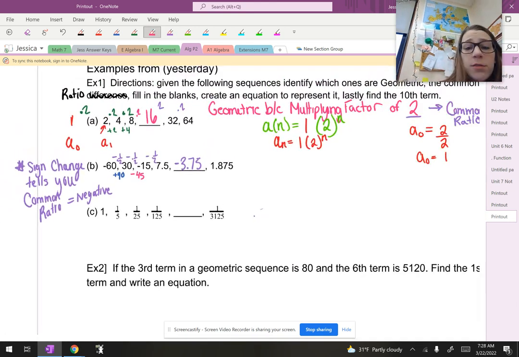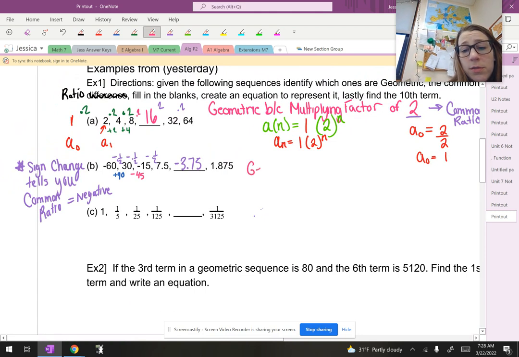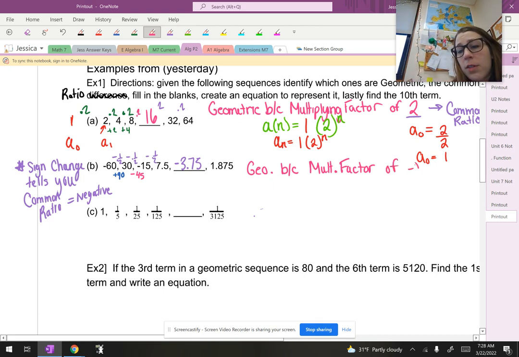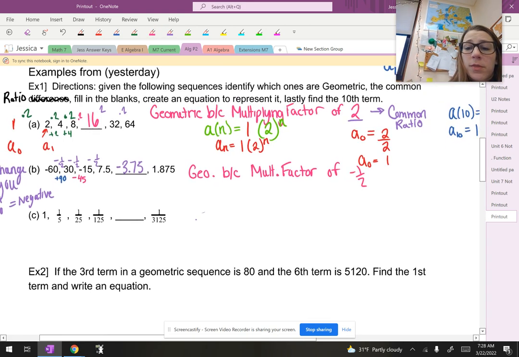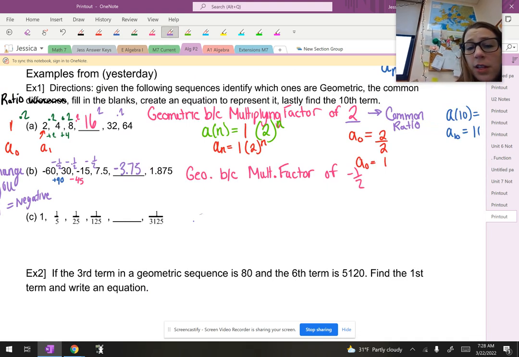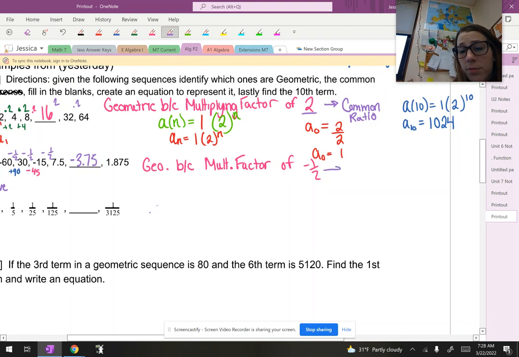Okay, so again, geometric, because you have a multiplying factor of negative 1/2, which again tells us that that's our common ratio.